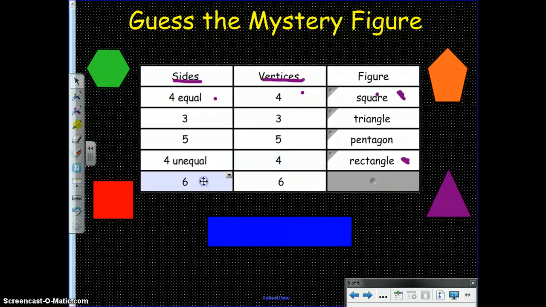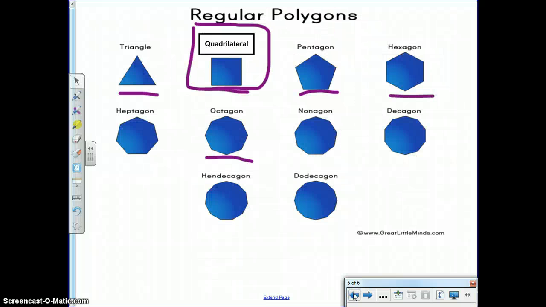And again, the last one, if you have 6 sides, 6 corners, 6 vertices, 6 angles, whatever you want to call them, then it's a hexagon. And that is what a polygon is. Remember, all polygons are named based on the amount of sides they have.